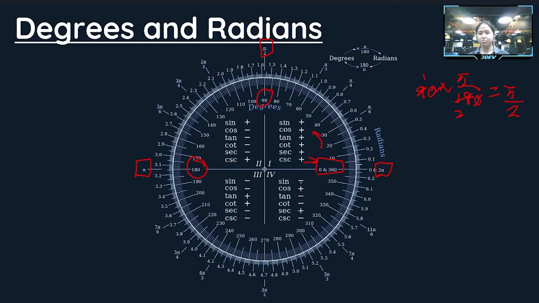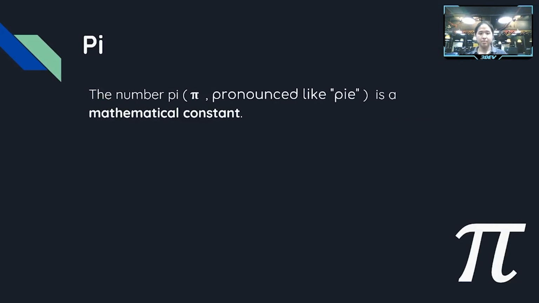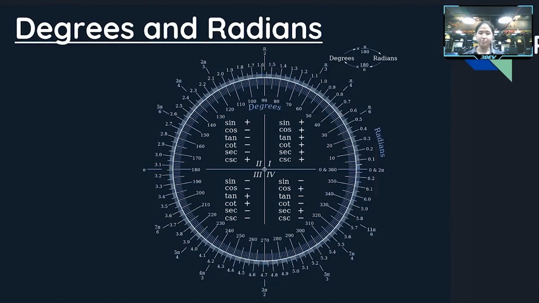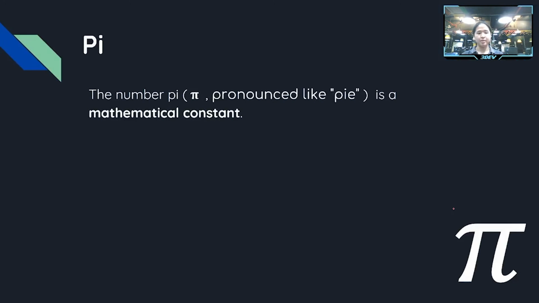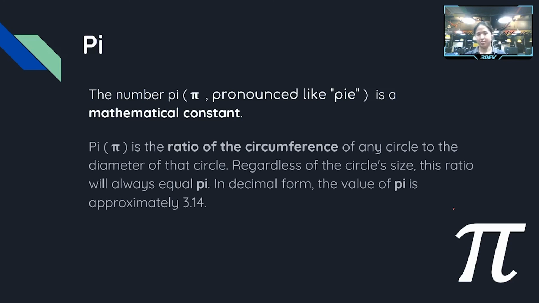Let's move on to our next part. What is pi? You have seen pi in the previous slide. The pi symbol is like this. Pi is a number, a mathematical constant. Pi is the ratio of the circumference of any circle to the diameter of that particular circle.